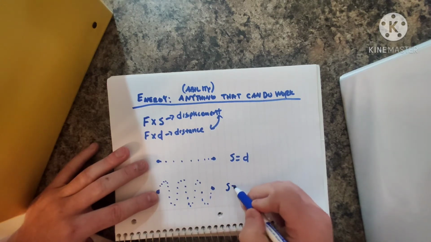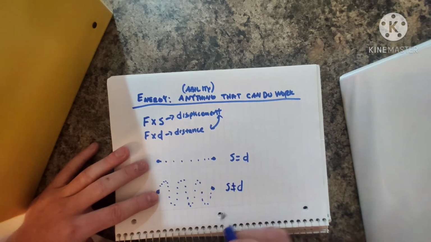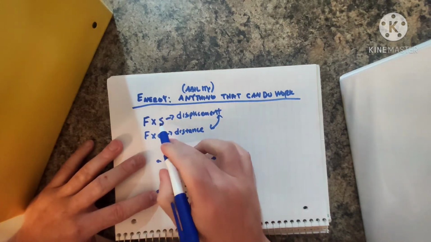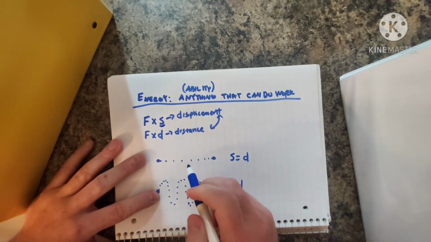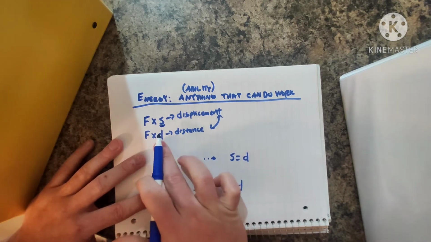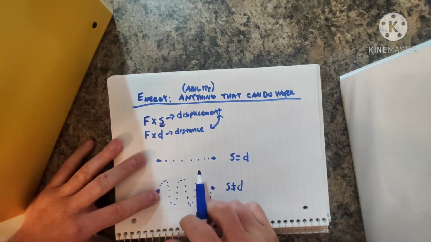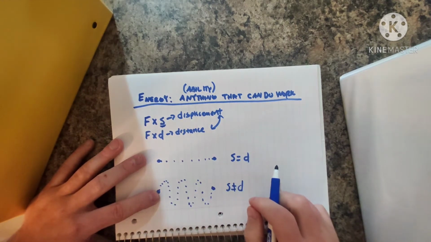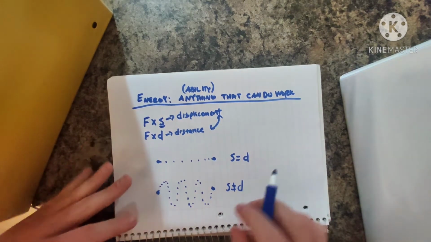So in this case, S does not equal D. So in this case, the displacement does not equal the distance. So it's good to think about in physics, in a straight line, the distance is the displacement, but in a curved line, the distance is not always the same as the displacement. That's neither here nor there.